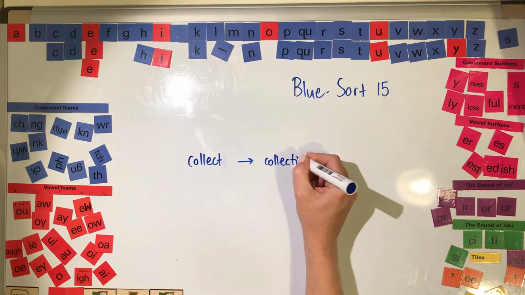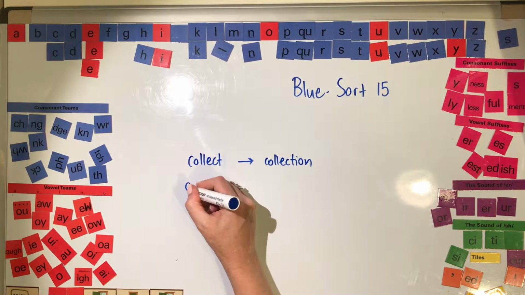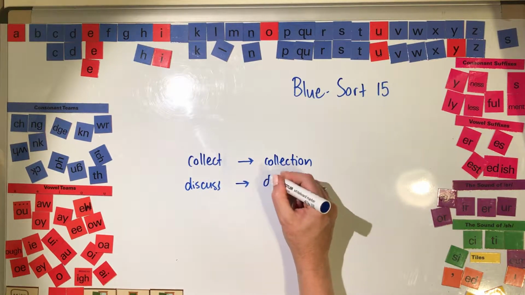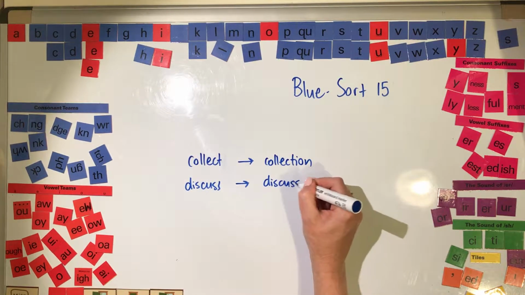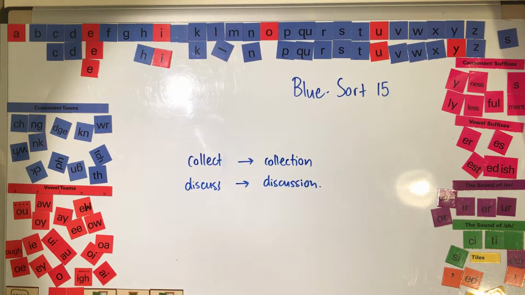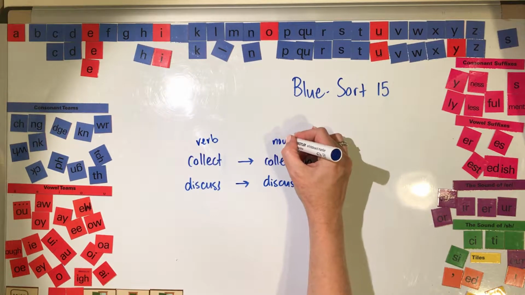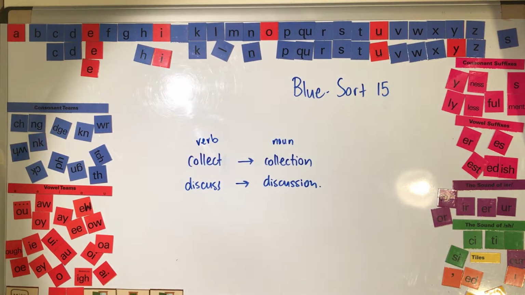So it's sort of what you end up with. What about if you discuss? Well, if you discuss things, you're going to end up with a discussion. So we're going from verb to noun because we're going from an action to a thing.